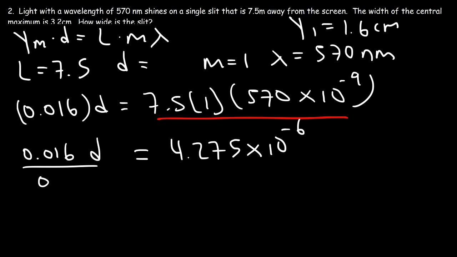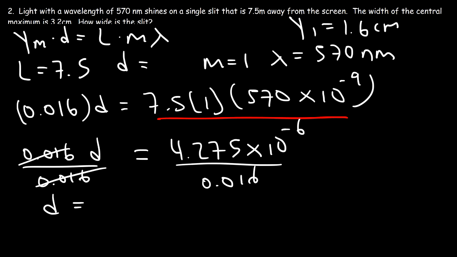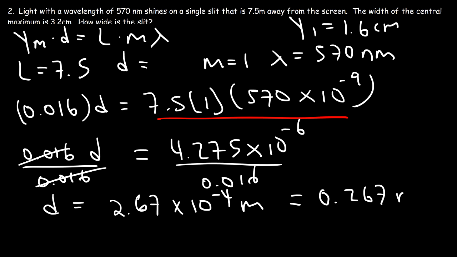So then we need to divide both sides by 0.016. And so the width of the slit is 2.67 times 10 to the negative 4 meters. So this answer is more exact. And if we divide that by 10 to the negative 3, this is 0.267 millimeters.